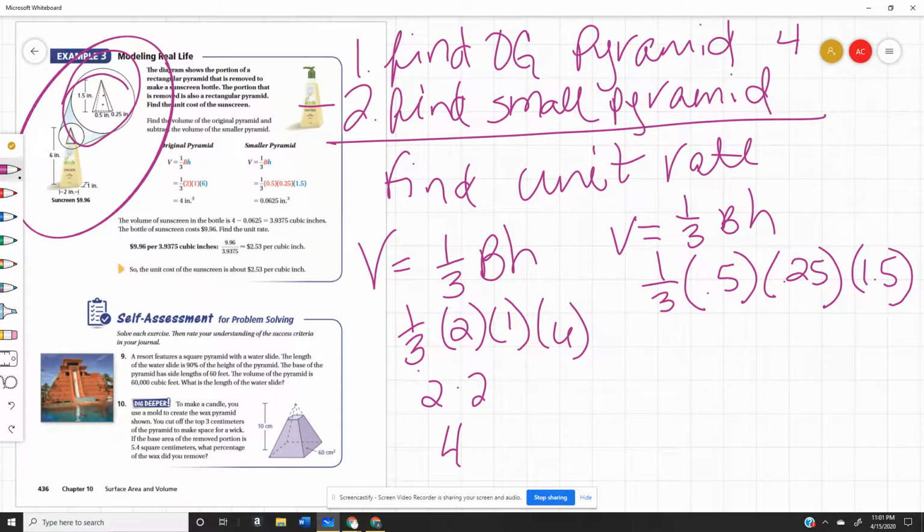Okay? I am just going to plug that all into my calculator because it makes life a little bit easier. So 1 divided by 3 times 0.5 times 0.25 times 1.5 is 0.0625.